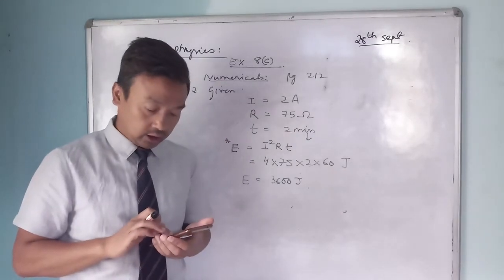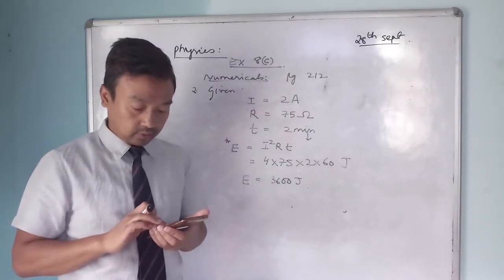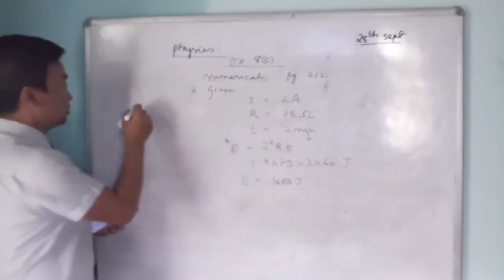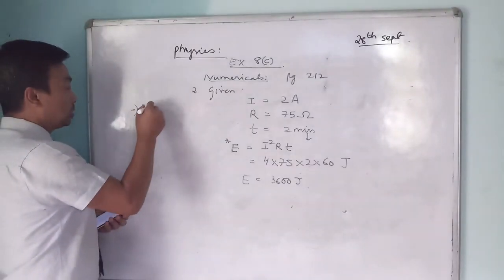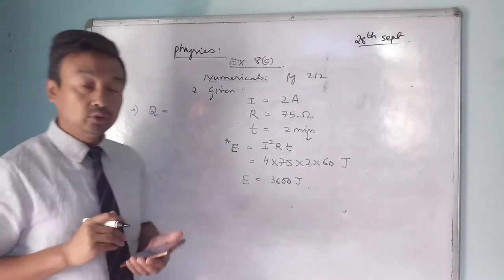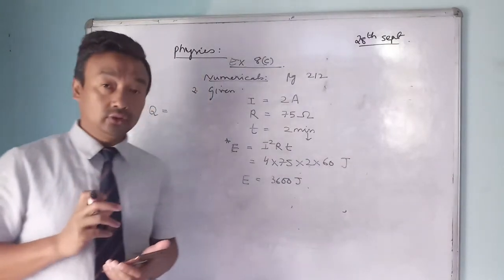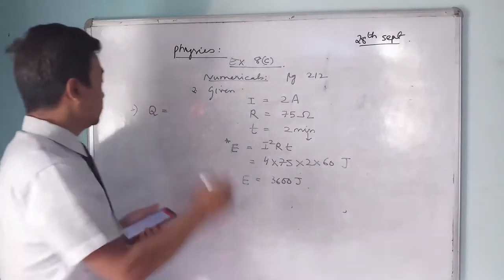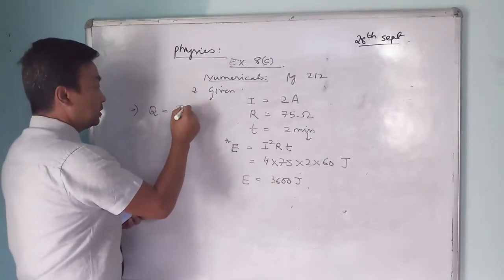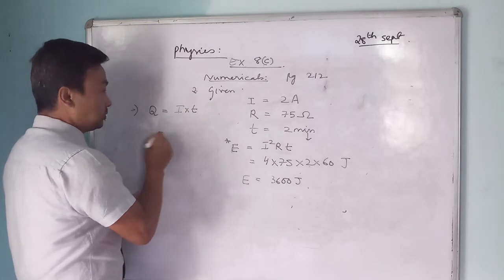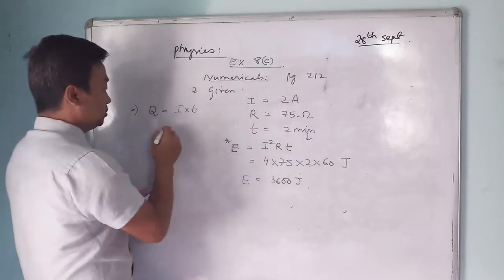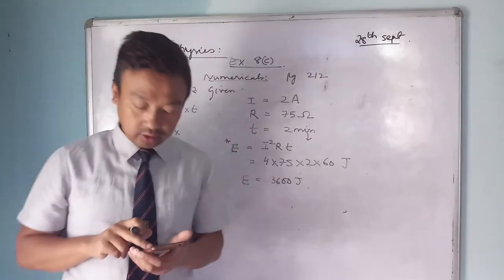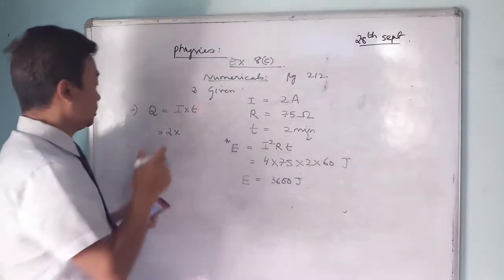The second question is, how much charge is passed through the resistance? Charge is given by Q. What formula will you use for the charge? You learned at the beginning of the chapter that charge is equal to current into time, so I into T. Current is already given as 2 and it is flowing for 2 minutes.